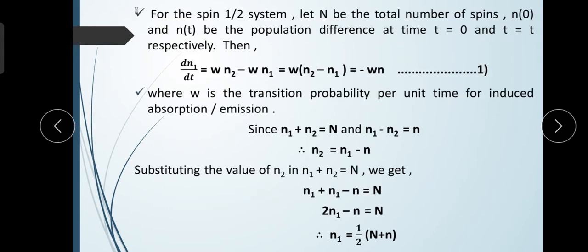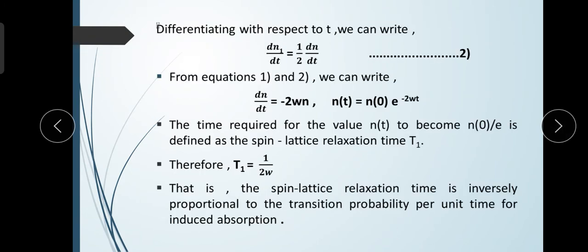The LHS is N1, and if we differentiate it with respect to t we get dN1 by dt. On the RHS, capital N is the total number of spins, but we know that the total number of spins for a given system is constant, so the derivative of N with respect to t is 0, and only the derivative of small n with respect to t is left, so half as it is, times the derivative of small n with respect to t.